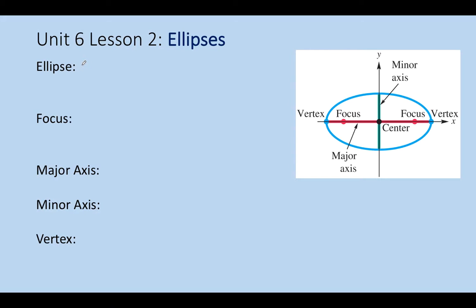So we're going to say an ellipse is the set of points where the sum, so we're adding 2 things together, the sum of the distances from 2 fixed points is constant.